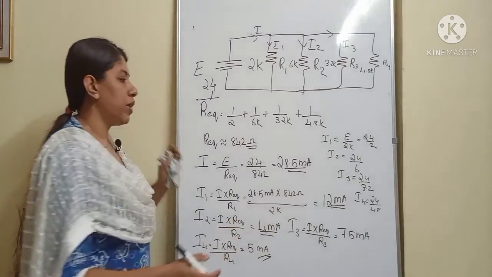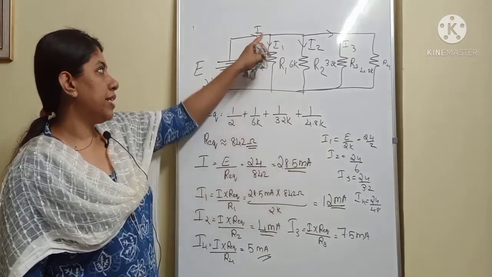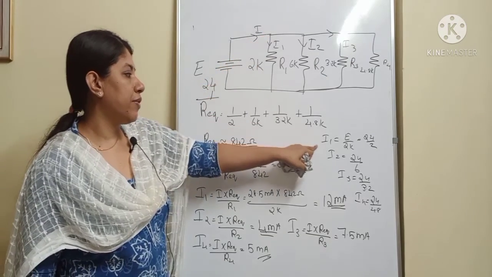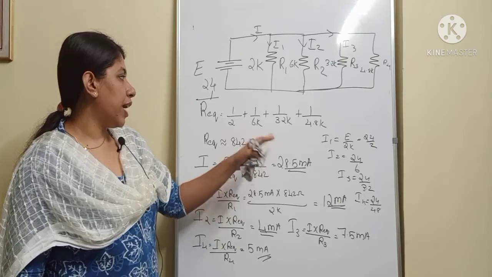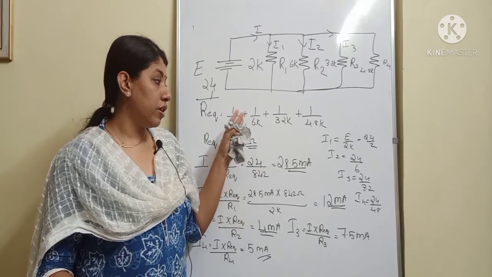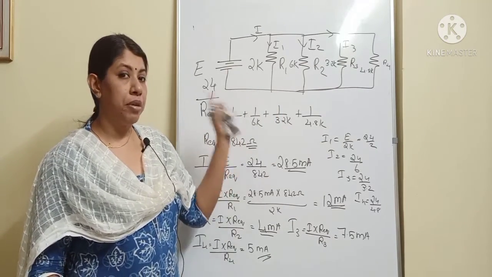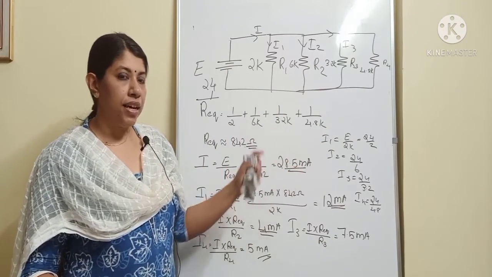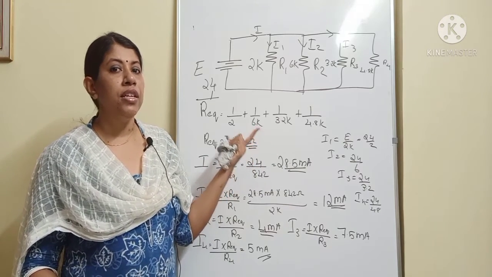In this way also you can find the individual branch currents. Then if you apply KCL at this point, it will be I1 plus I2 plus I3 plus I4, and if you add all these currents, you will get 28.5 milliampere. So you can try to solve the network using that method also. In this case, that particular method is easy. I used this just to show you how the current divider can be applied.